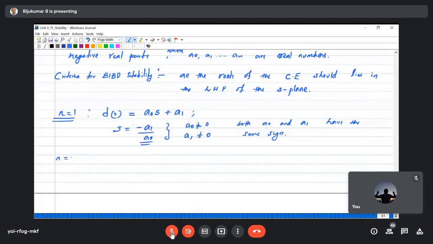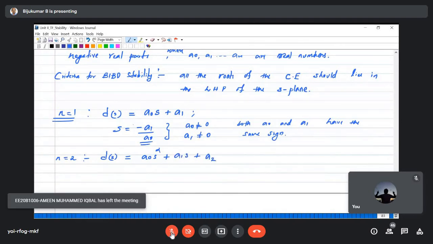Now we'll go to the second order system, n equals 2. Again, the denominator polynomial can be written as a0 s square plus a1 s plus a2, which is a second order system.